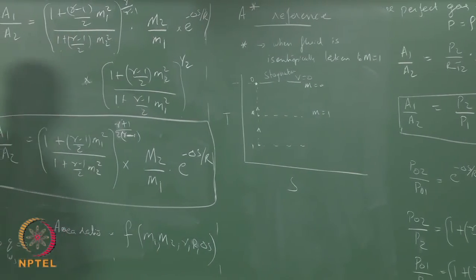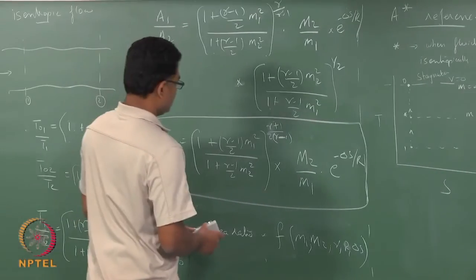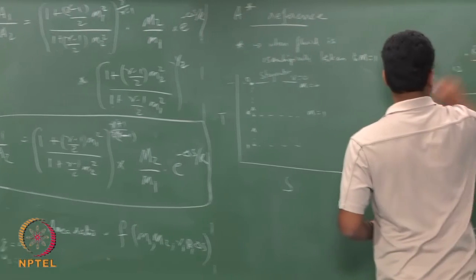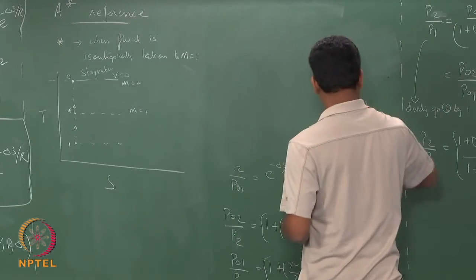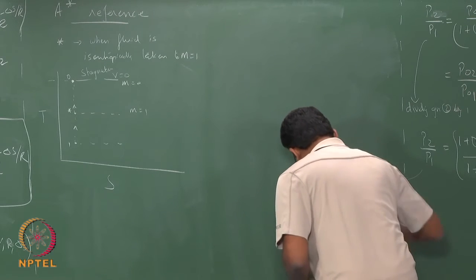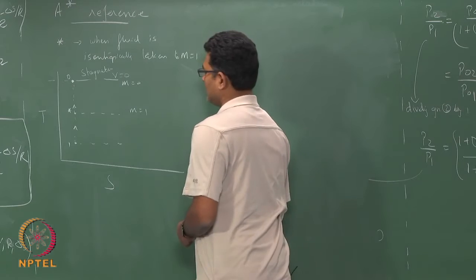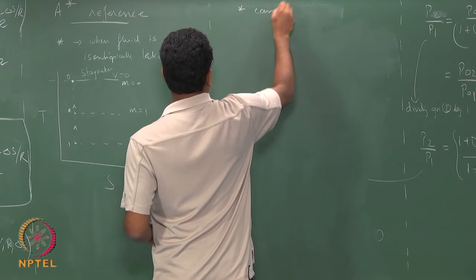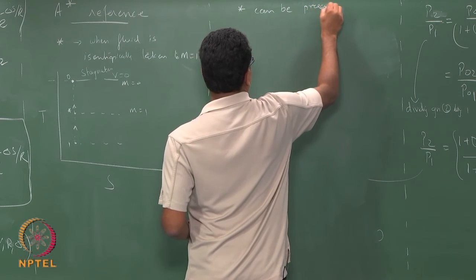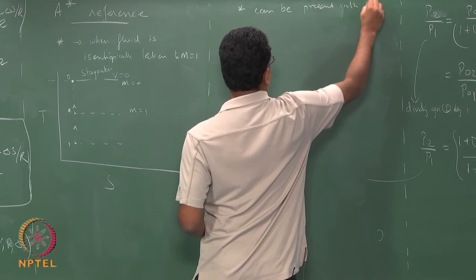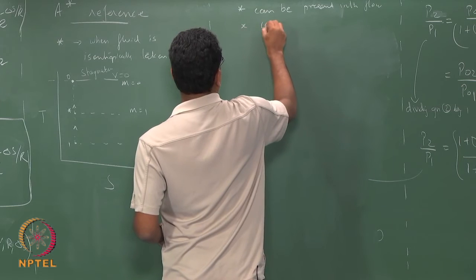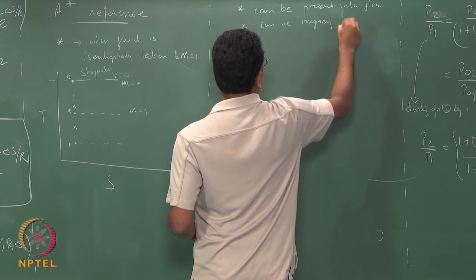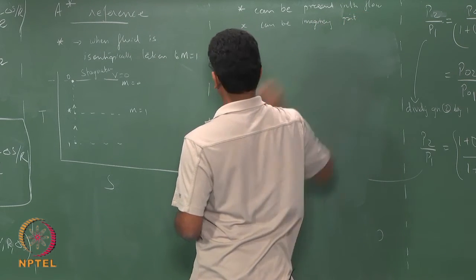So, we use this relation to evaluate further. So, let us say this star condition can be present in the flow or it can be a completely imaginary point.